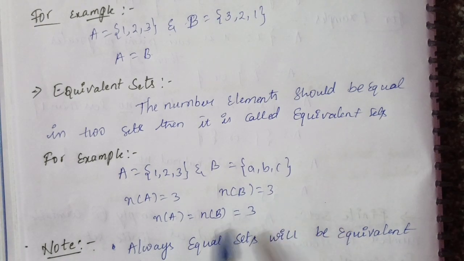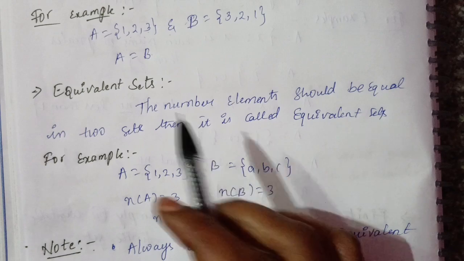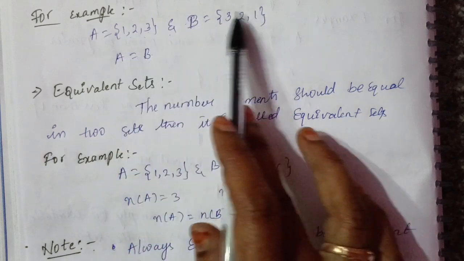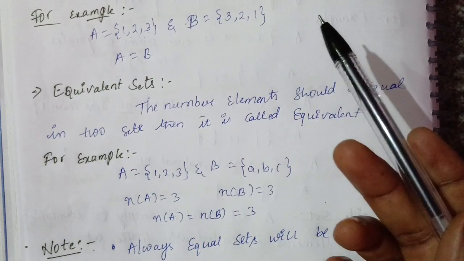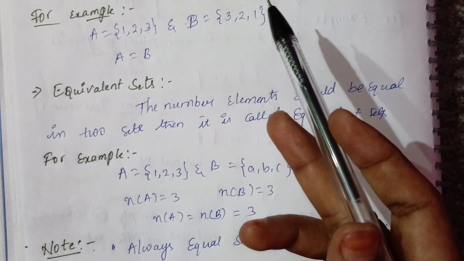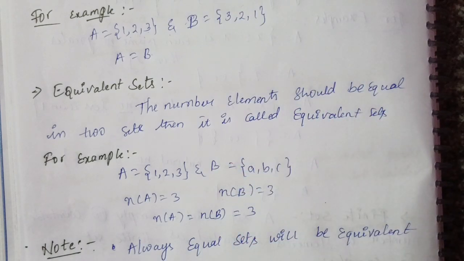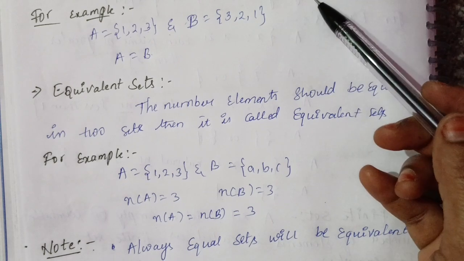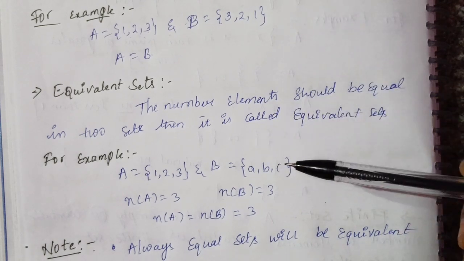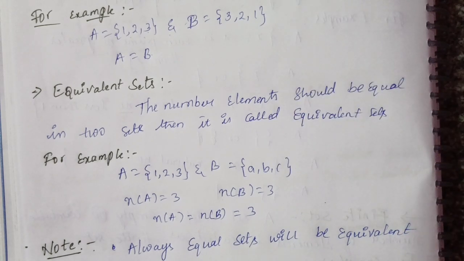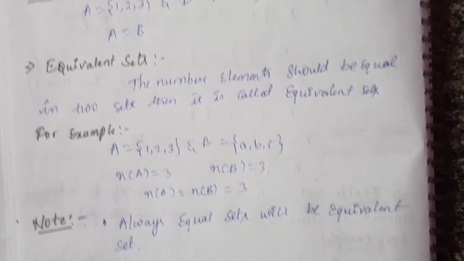This you should remember. Equal sets means the number of elements should be the same and the elements also will be the same. But in an equivalent set, only the number of elements should be the same. So if sets are equal, the equivalent sets condition will be satisfied there. So we can call all equal sets equivalent sets.